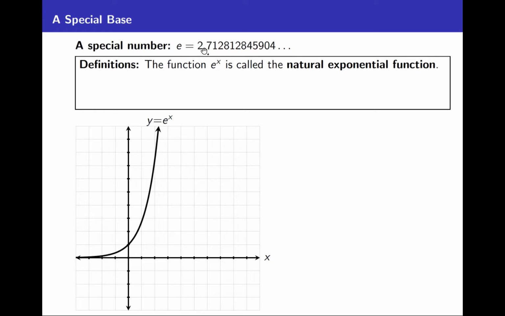Now, e is bigger than 2, so this graph lies above the graph of y equals 2 to the x, but e is smaller than 3, so the graph of y equals 3 to the x is a little higher than the natural exponential function e to the x. Y equals e to the x is kind of squeezed in between y equals 2 to the x and y equals 3 to the x.